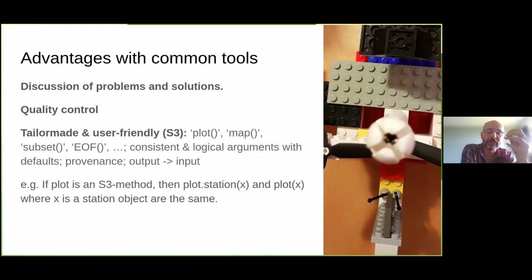And I'll come back to that, because this is something that relates to smart data and how to set up a tool that can work in a smart and consistent way. And also to use logical arguments. They should all have defaults if they can, so it's easy to remember how to use it.